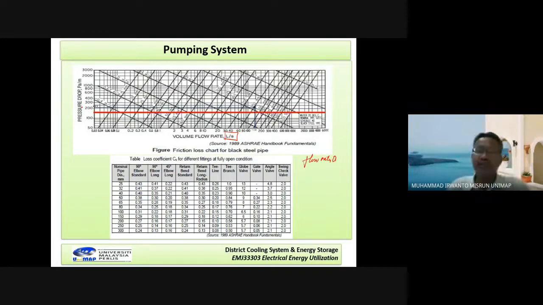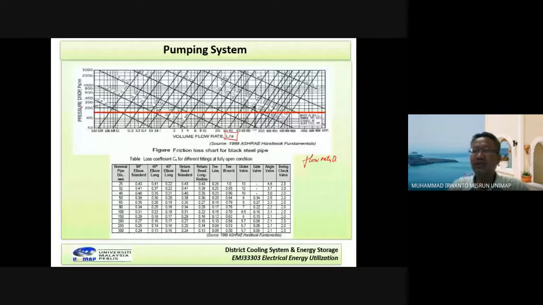Yeah, this one. Okay, and then from here, because before we also have the type of friction fitting of the pipe, for example, for the elbow, for the T junction, for the straight.